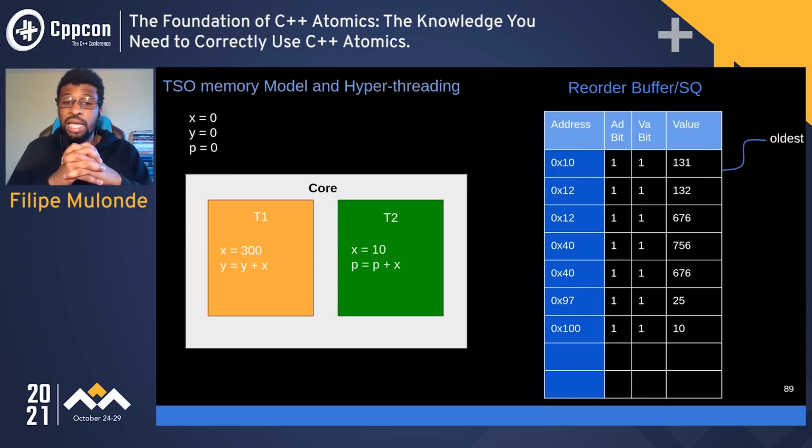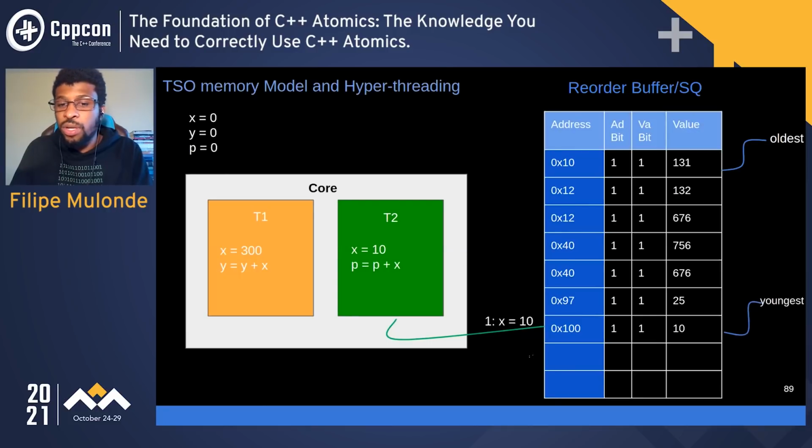Modern processors today have more than one thread inside of a core. And here we are going to see how hyperthreading interacts with the total store memory model. So here we have an example. We have global variables: x, y, and p. And we have a core, and inside of this core we have two threads because we are talking about hyperthreading.